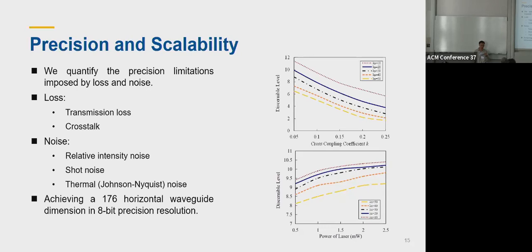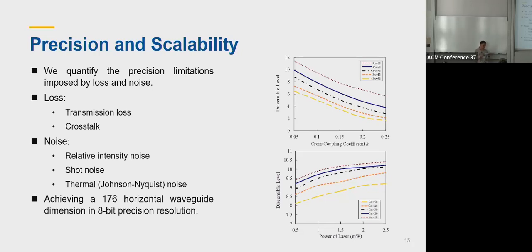And the light transmitting through the MR grid can lead to crosstalk. And noise in a photonic system refers to any unwanted factor that can affect the precision and reliability of photonic computation. The first is relative intensity noise, then shot noise, and finally thermal noise.